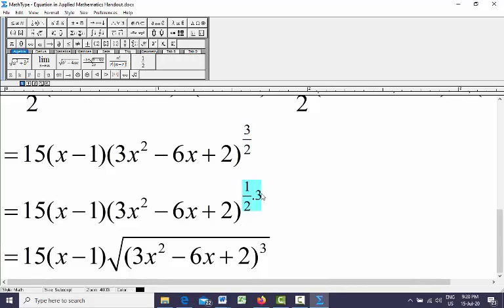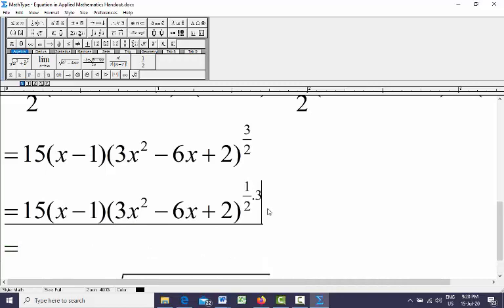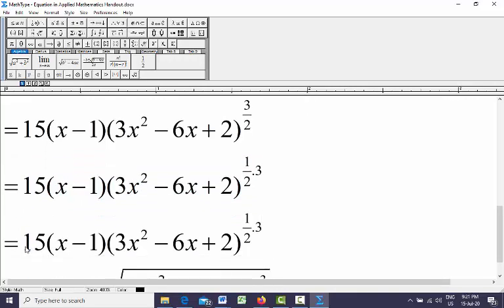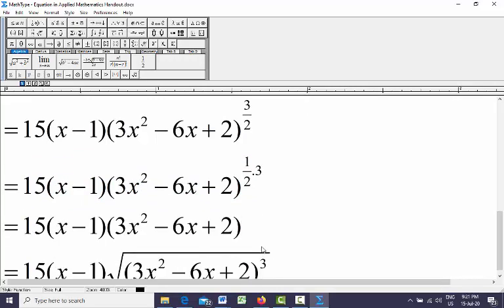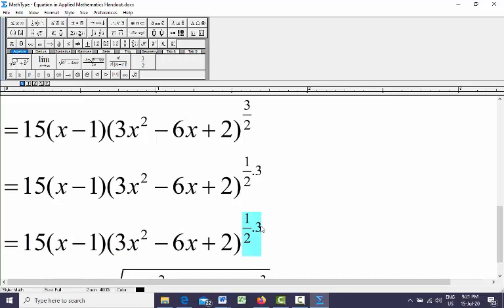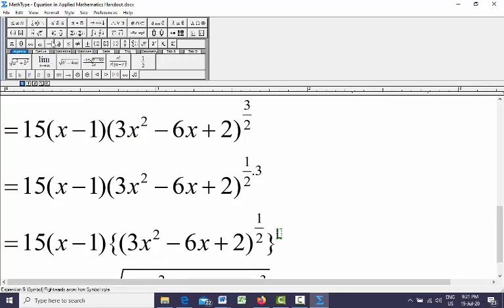As I have told you, this half can be written like this: half multiplied by 3.